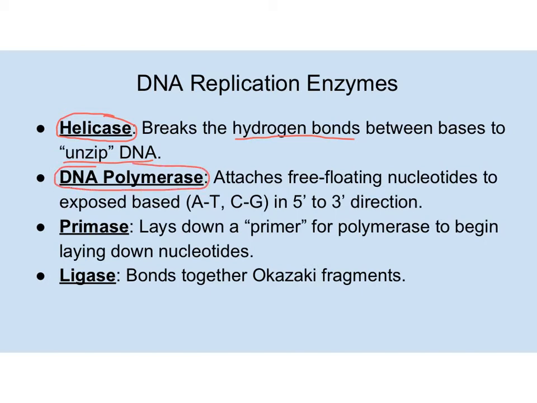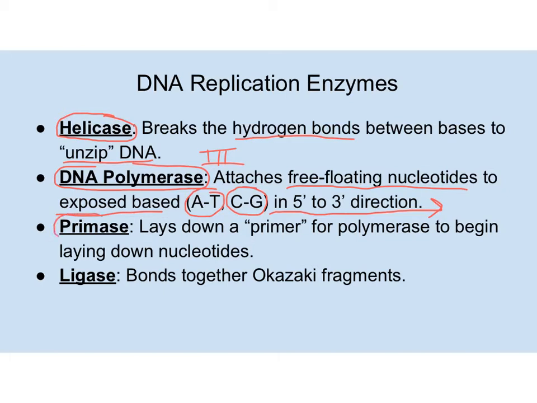And precisely, it's DNA polymerase number 3, and that's the guy that's going to add the other side of the zipper. It's going to attach free-floating nucleotides to the exposed bases, which basically means it's going to add A's to the T's and T's to the A's, and C's to the G's. And remember, it works in the 5' to 3' direction. Don't need to remember that, but just in case you want to.